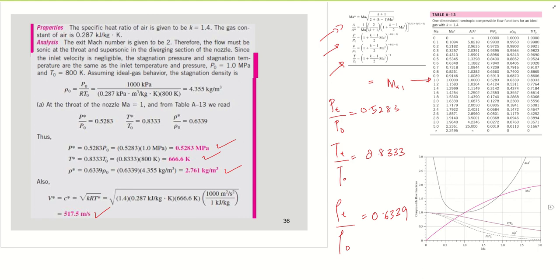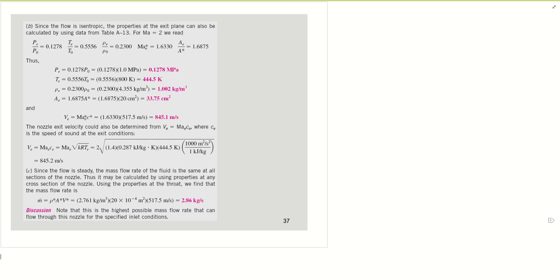Since the Mach number at the exit is given as 2, you use the same approach to calculate the answer, and you will get the velocity at the exit.